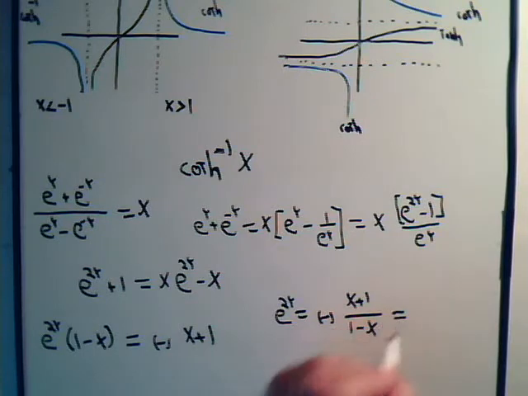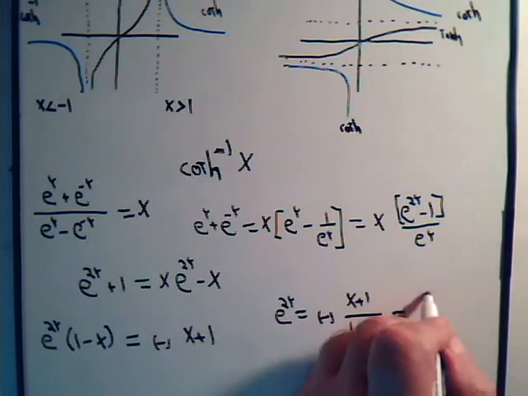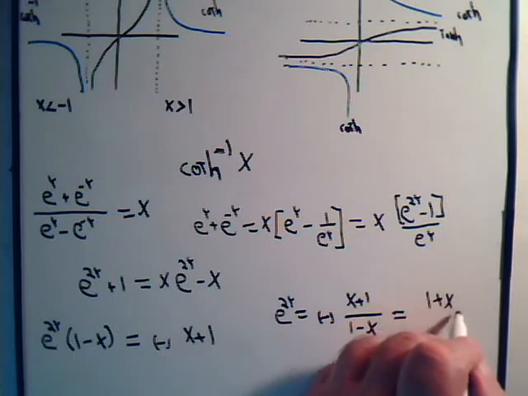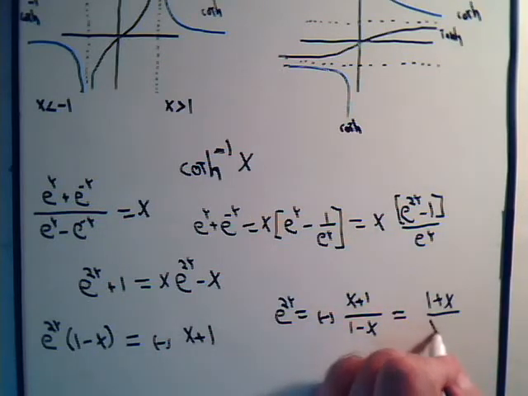Or we could say, multiplying through by negative 1, that would be 1 plus x divided by x minus 1.